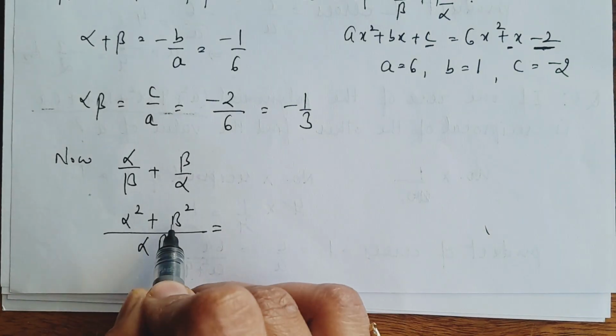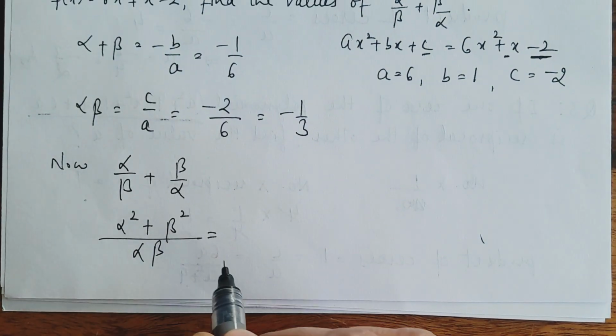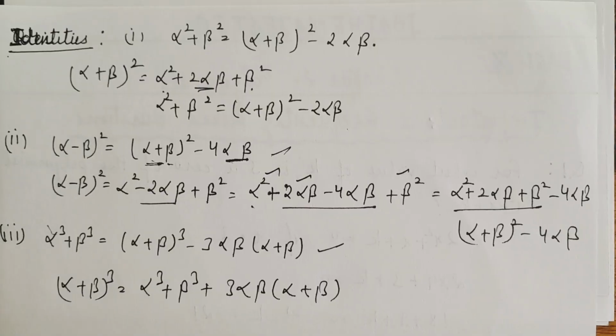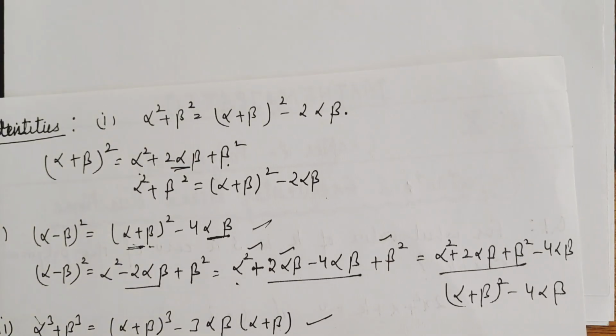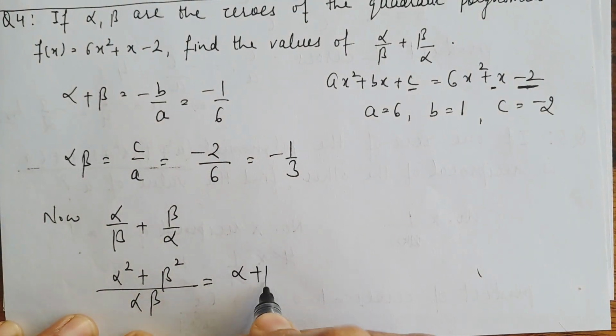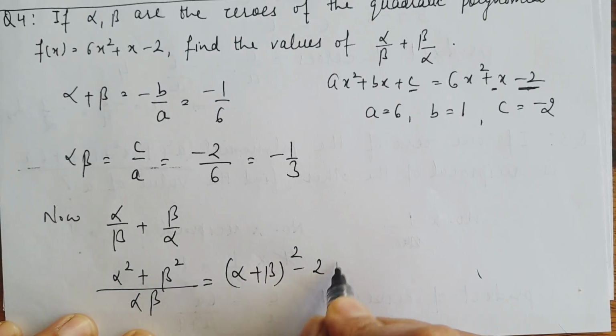Now alpha square plus beta square has come on top, and we have done the first identity here, alpha square plus beta square is equal to alpha plus beta whole square minus 2 alpha beta. We will use this identity here, alpha plus beta whole square minus 2 alpha beta.